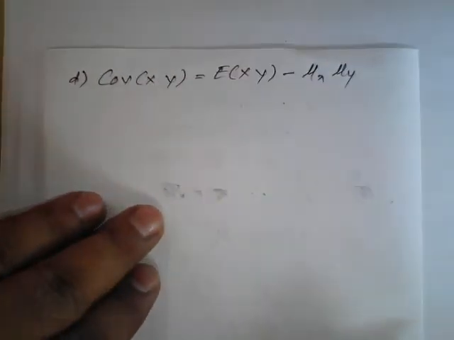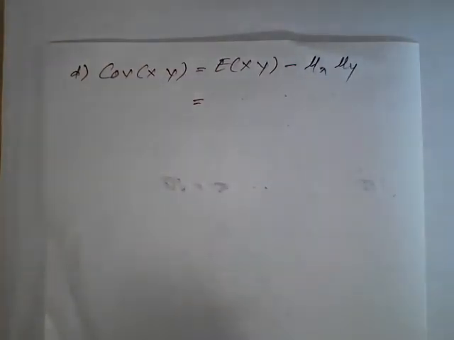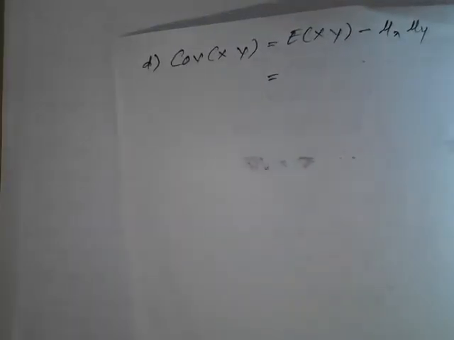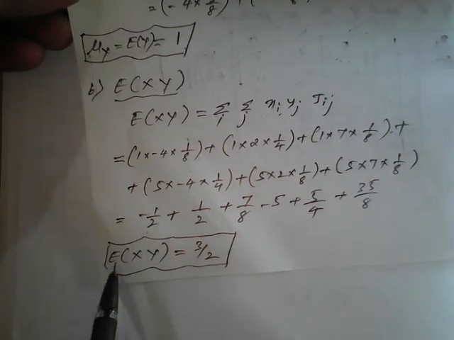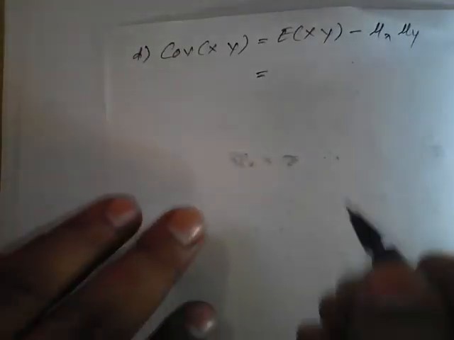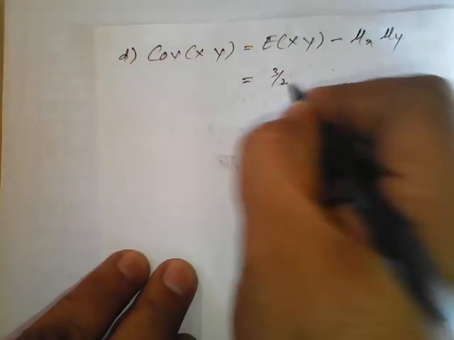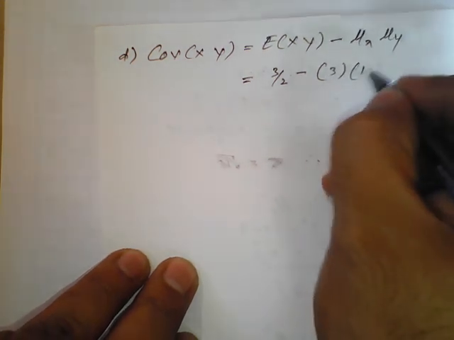Just now we have calculated the expectation of xy; turn the page and check. Expectation of xy is 3 by 2, so we'll fill it directly. It is 3 by 2 minus mu of x, which is 3, and mu of y, which is 1.